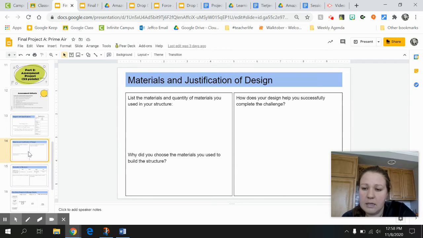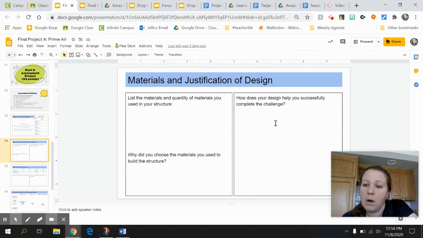Then the second slide is all about what materials did you use? Why did you use those materials? And why did you decide to use the design that you did? Right? So if you decided to put a parachute or you decided to put springs or whatever the case, right?